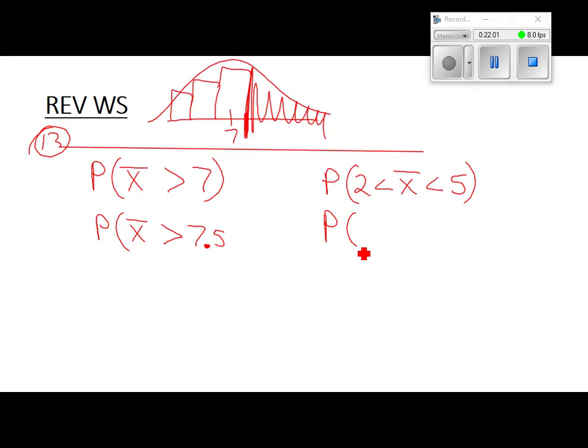So we make these either go up or down by a half. We want x to be greater than 2, so we go 2.5. Want x to be less than 5. So if we want to be less than 5, where would we go? 4.5. And when we punch it into the calculator, what do we hit?